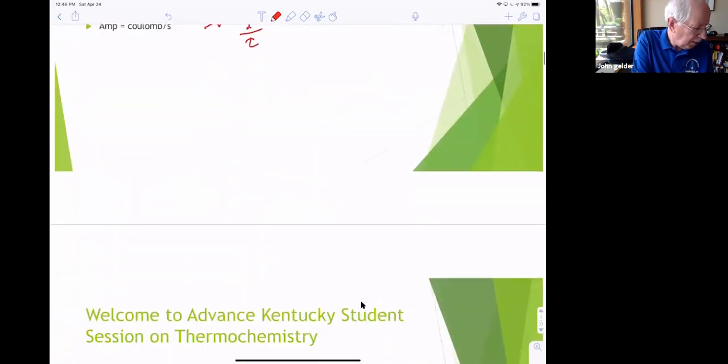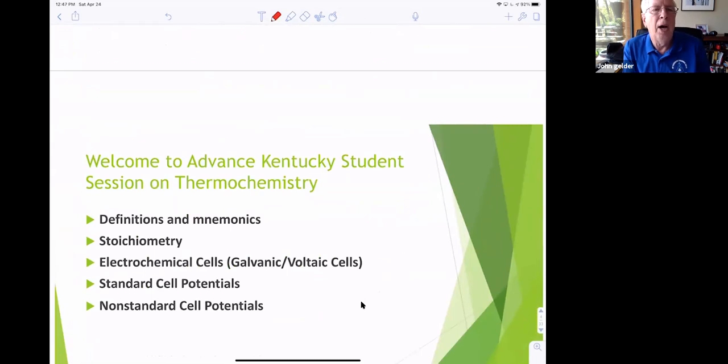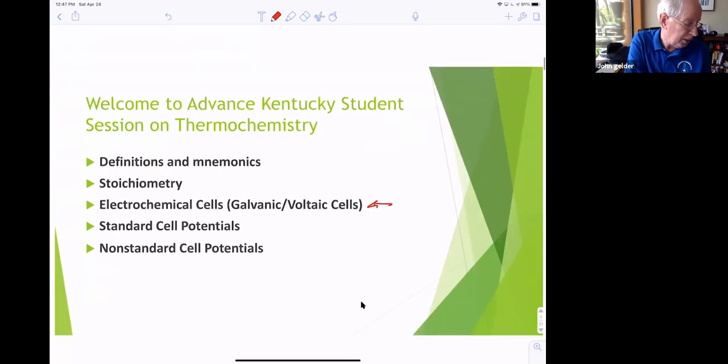So those are equations. What I was going to talk a little bit about, I'm going to focus on this part, but I wanted to just say that students on the AP exam are frequently asked to justify whether a reaction is an oxidation reduction reaction or not an oxidation reduction reaction.